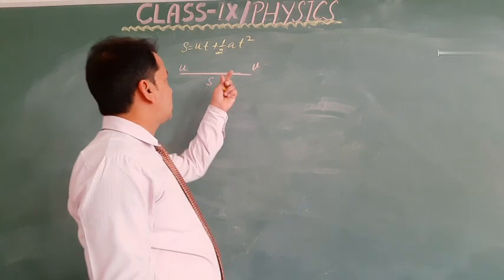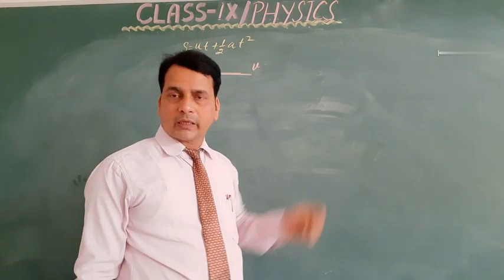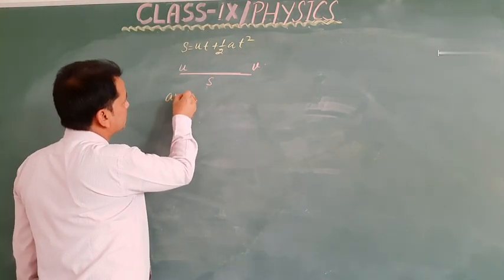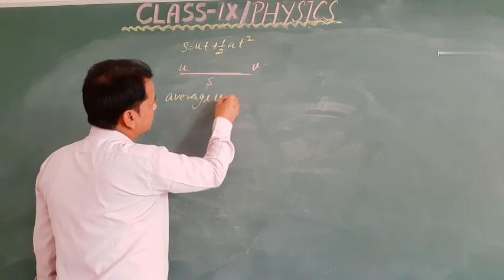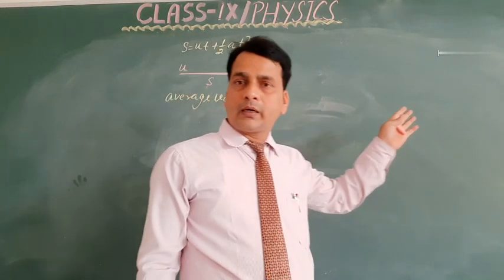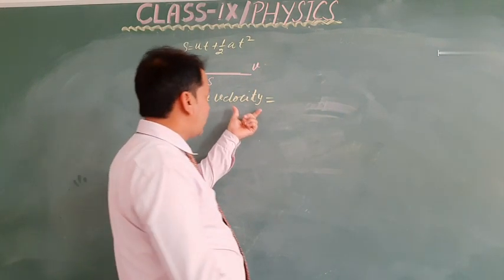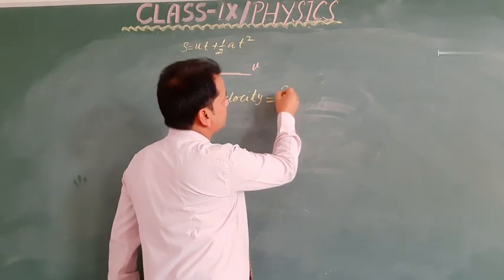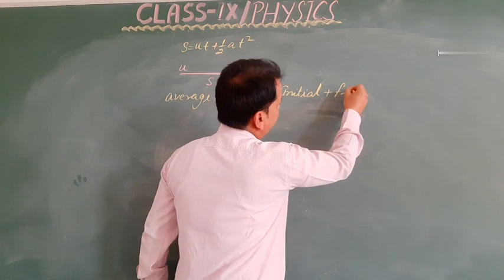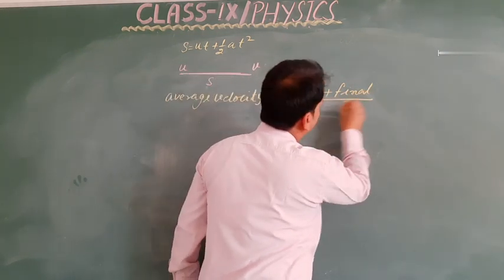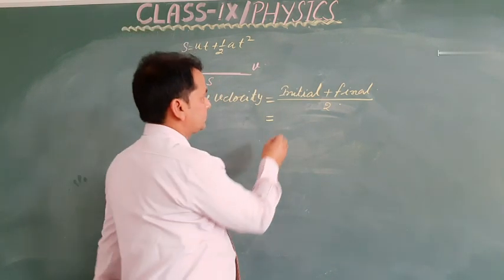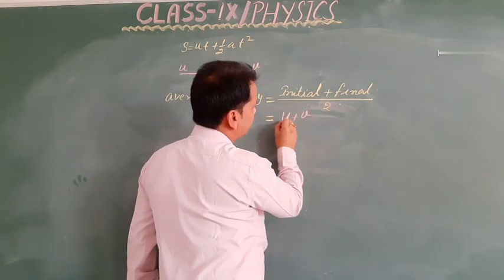So the average velocity in this condition is equal to initial plus final velocity by 2, that is u plus v by 2.